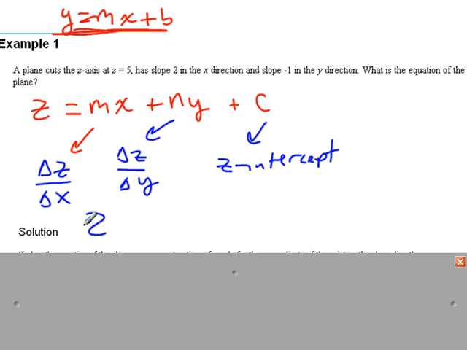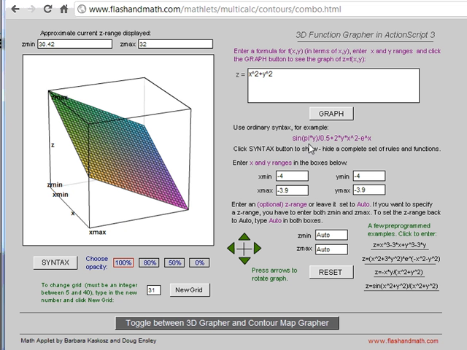So once we understand this very simple parallel from 2-dimensional to 3-dimensional, it's pretty easy to do this problem. So we get z equals 2x minus y plus 5. And if we want to see what that looks like, let's go to our computer graphing aid. We get 2 times x minus y plus 5.